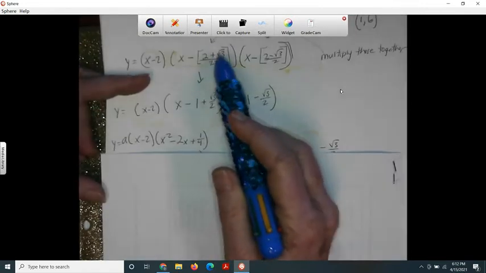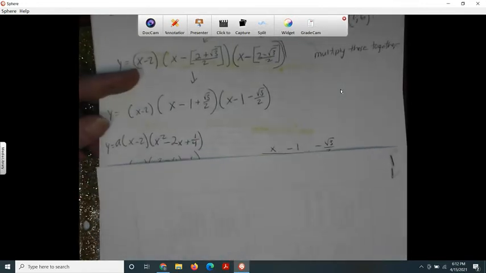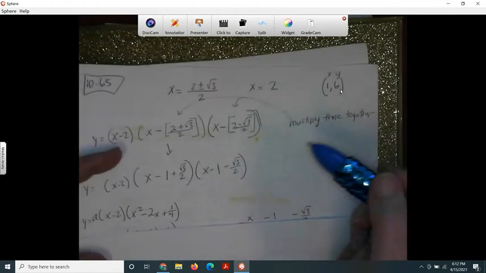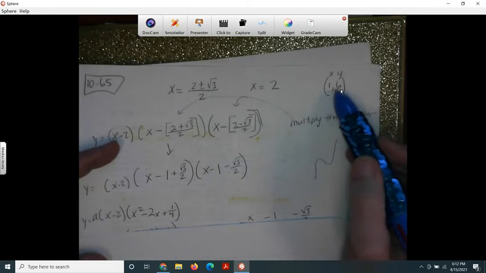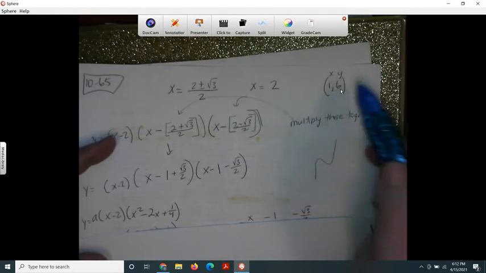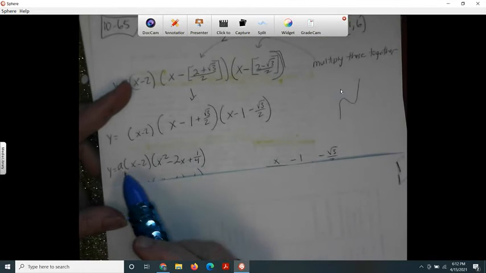And then I know that it's some kind of cubic like that. It has to go through (1, 6), so I'm going to put a 6 in for y and a 1 in for x.